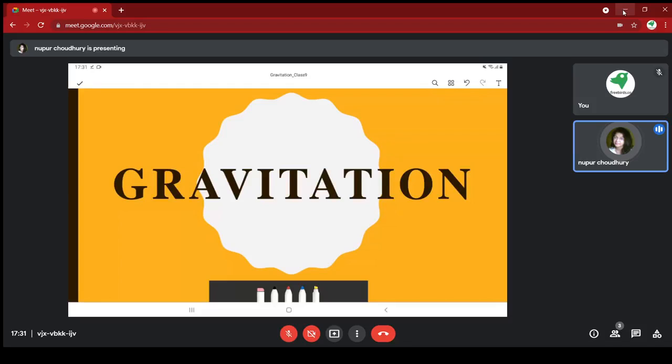Similarly, in the second picture, this is picture number 1, this man is trying to throw a ball at a certain angle. This ball also will travel to a distance, and eventually it will go down and hit the ground.